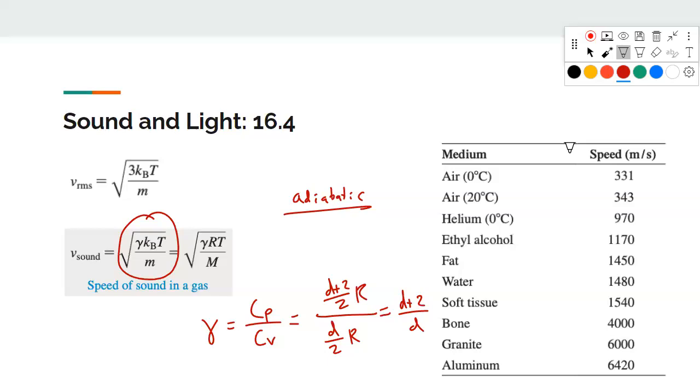So we give you some example speeds of sound in different materials. This formula on the left is only for the speed of sound in a gas, but you can see that in general, the denser the material, the higher the speed of sound. And especially for metals, they have an extraordinarily high speed of sound.